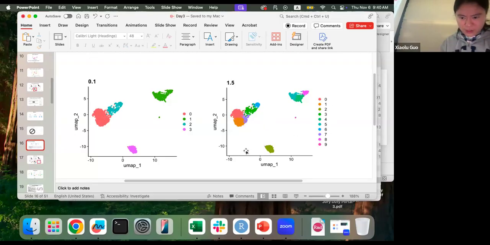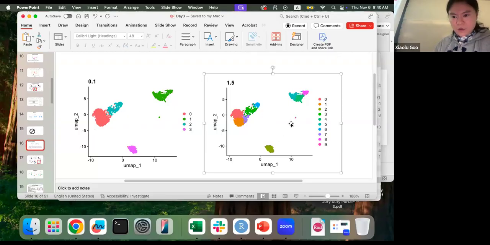And if you take an even closer look, within this higher resolution, cluster 0 is split into three small clusters. Here cluster 2 is split into two subclusters. And here cluster 1 is split into three clusters. And here is by itself a cluster. And then this one is still one cluster.